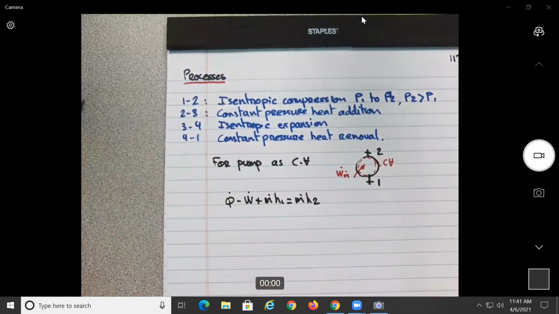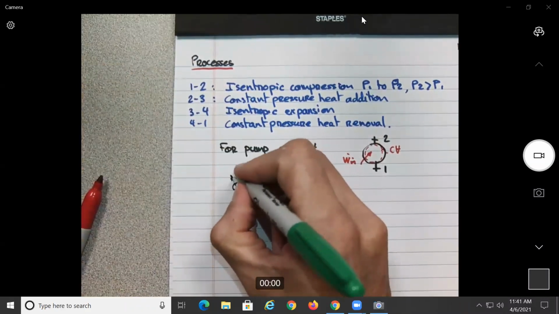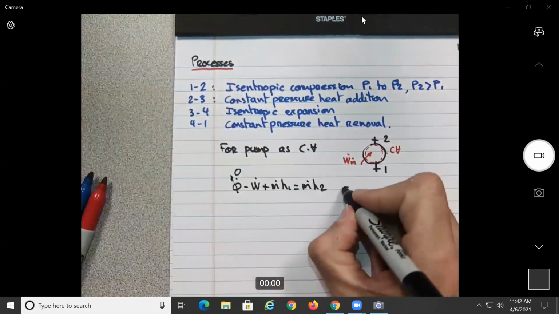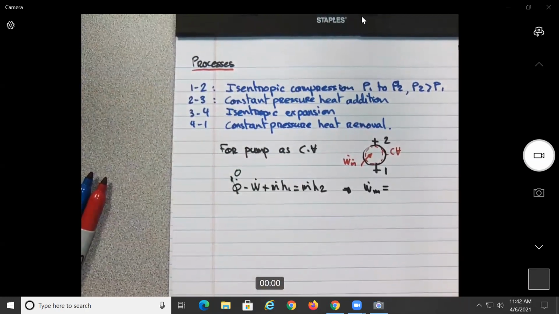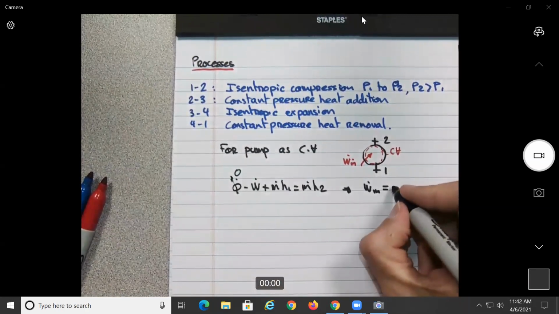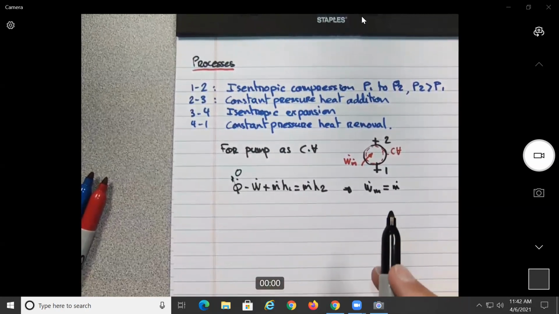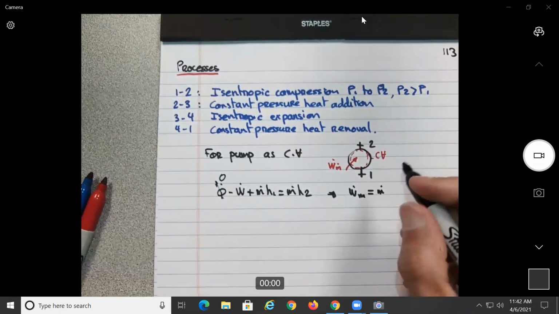Okay, so we know the pump requires power in. Again, is there any heat being added to this system? No. So basically at the end, we're going to have that the power in is equal to M dot. It's a minus sign, I move it to the side. So it should be what? H1, okay, be careful here, this will give you H1 minus H2, no?